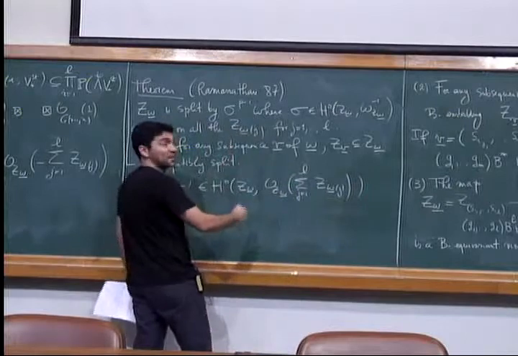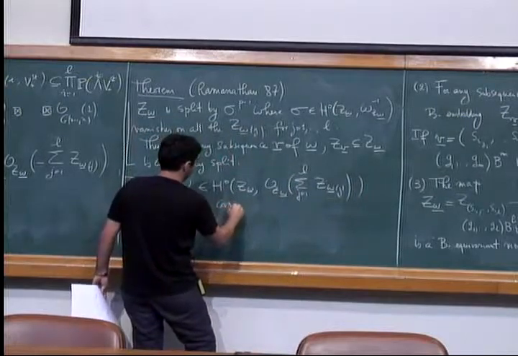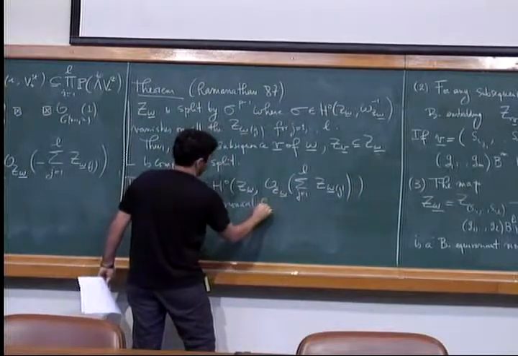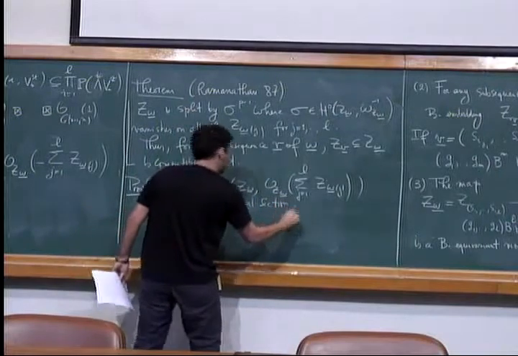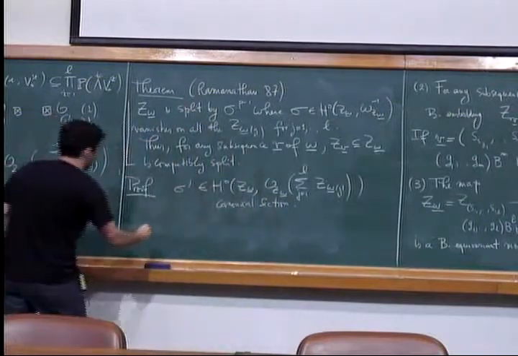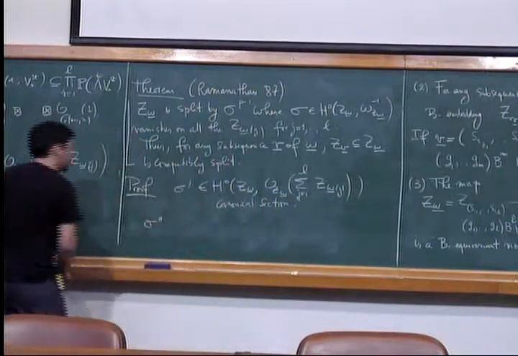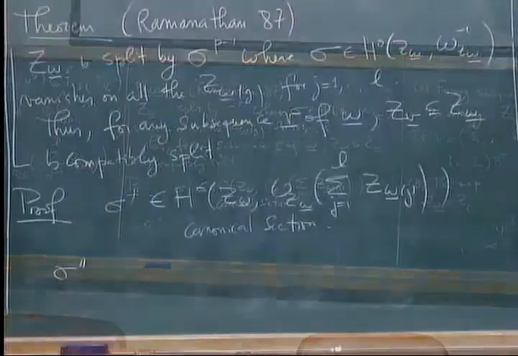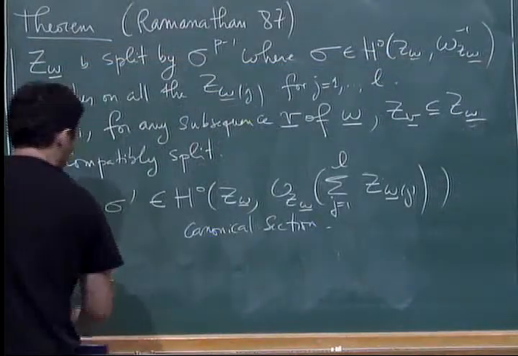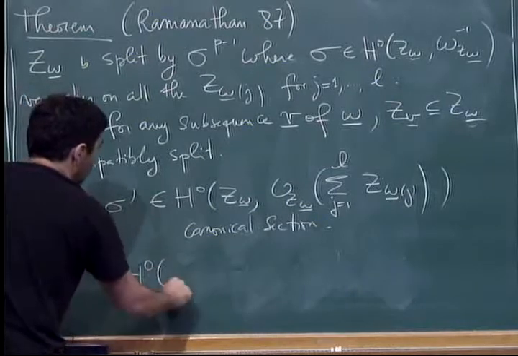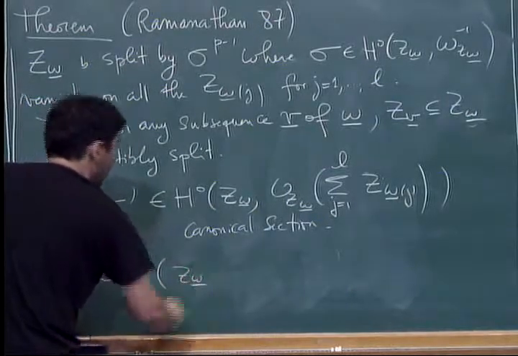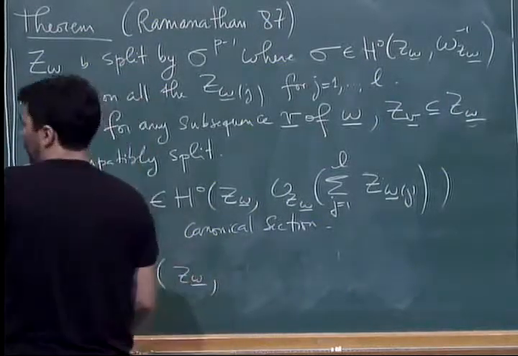You consider the canonical section. Then you pick sigma double prime in this part, so any section on Z omega.